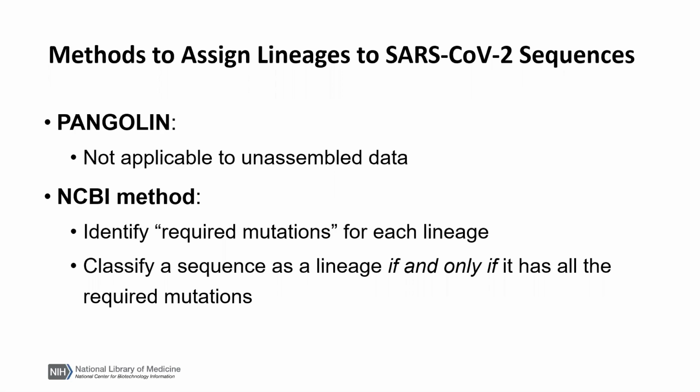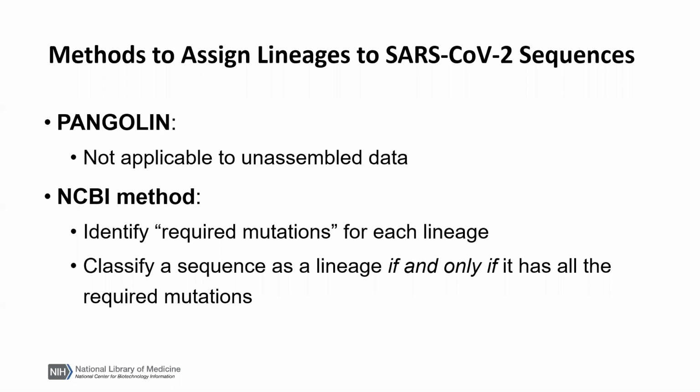This is also the classification scheme that's most used in research and epidemiological studies. For our purposes, though, it had a huge detriment, which is that the pangolin classification tools can't process unassembled sequences. So we would lose all of those unique data sets that are in SRA.